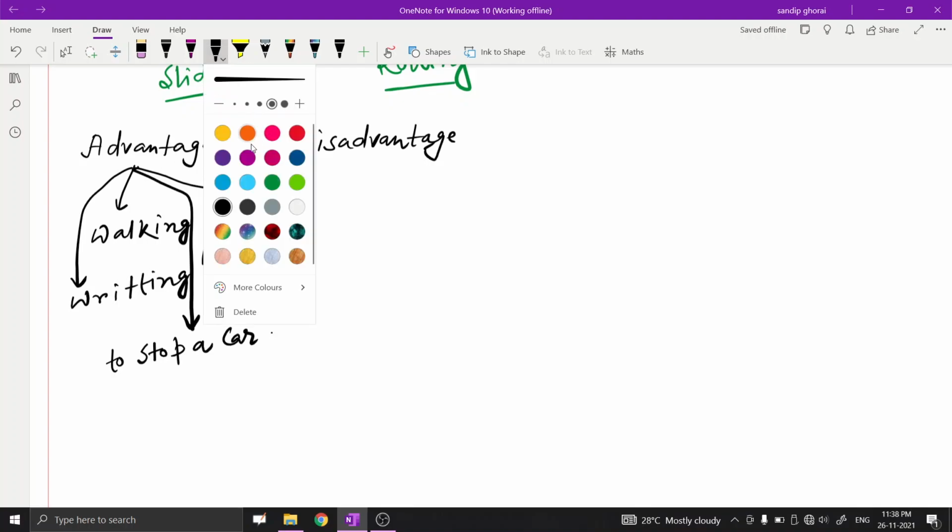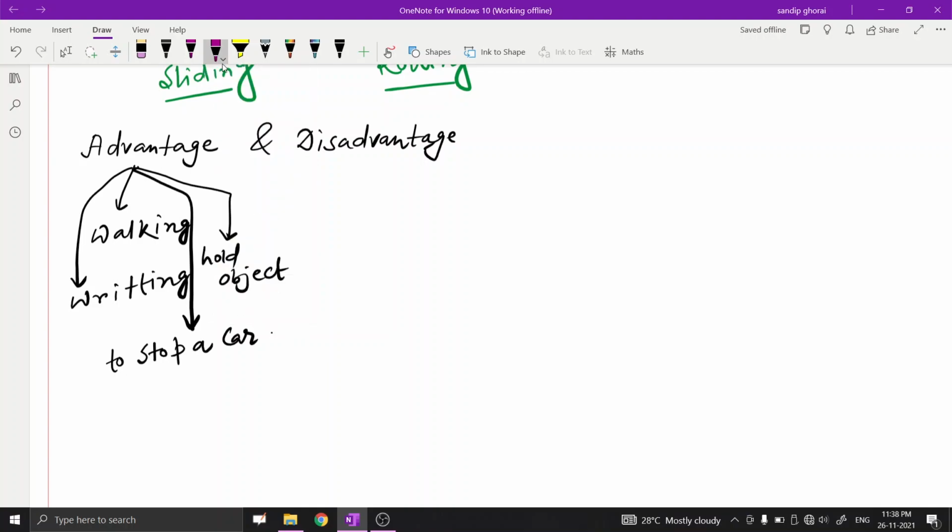Now what are the disadvantages? Simply, at first, friction produces heat. That means machines produce a large amount of heat that damages the moving parts. So the first one is that it damages the moving parts.